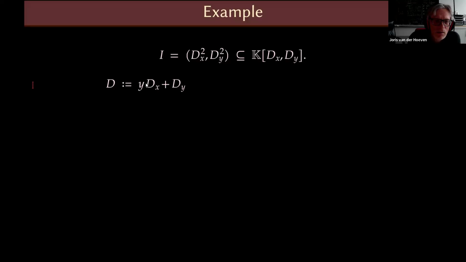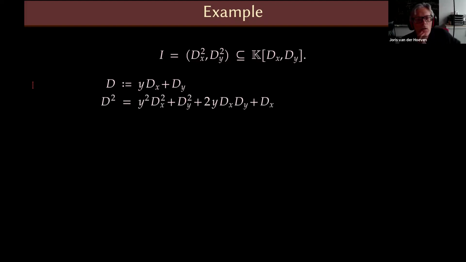We really need the coefficient here to depend on y; it cannot be a constant. If it were just a constant, we would be stuck as in the traditional case. So we're really making use of the fact that y does not commute with the dy that is here.